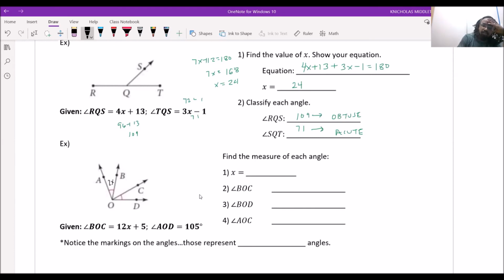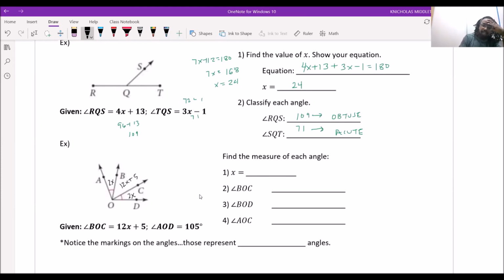So when they tell us that AOB is 2x, it's also telling us that COD is 2x. Angle BOC is 12x plus 5, and AOD is 105 degrees.